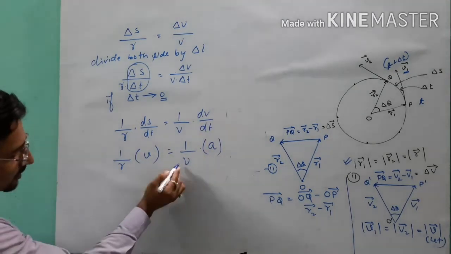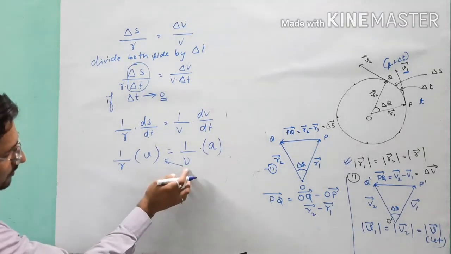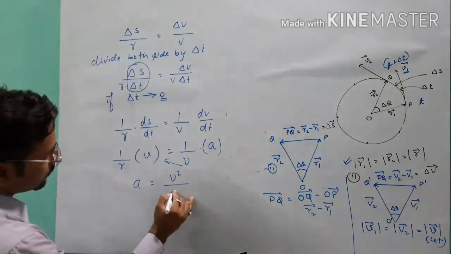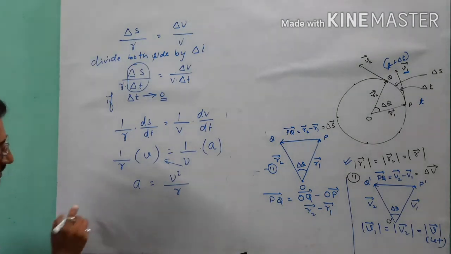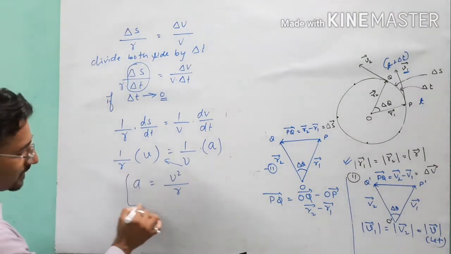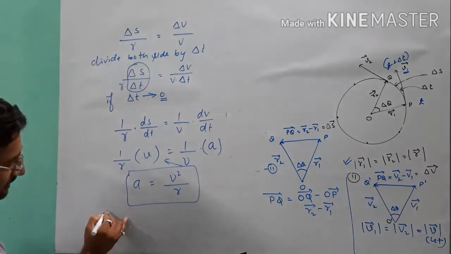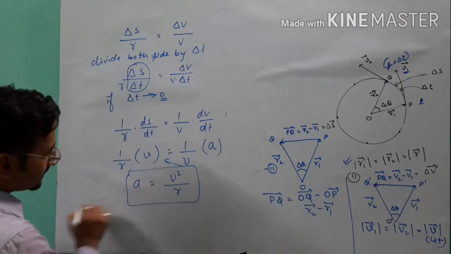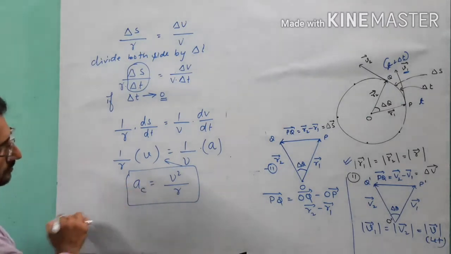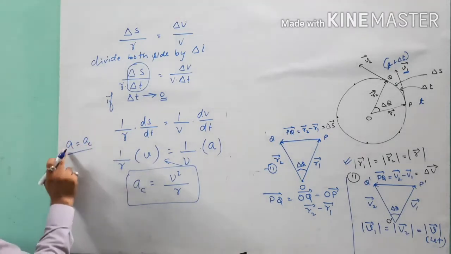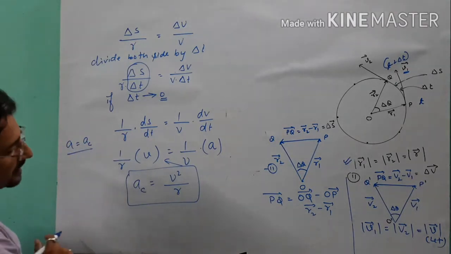Now if you adjust all the equation, you can transfer this from RHS to LHS, and at last you will write here v square over r. This a is called your centripetal acceleration, okay, and you can write this centripetal acceleration by the symbol AC also.